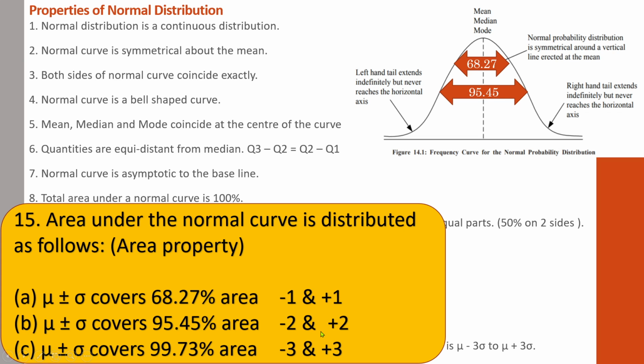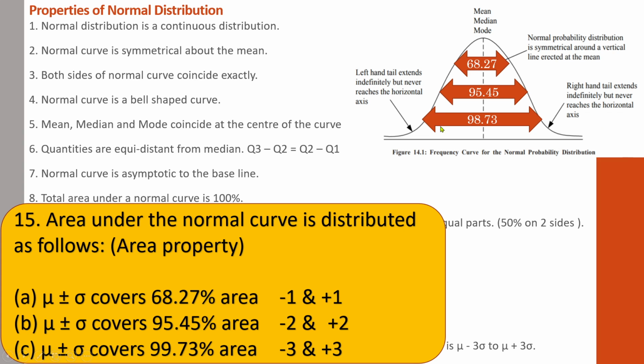If you get a value between minus 2 and plus 2, that is the area under study. 95.45% of the total normal curve is covered under these minus 2 and plus 2 values. And finally, minus 3 and plus 3 covers around 99.73%.